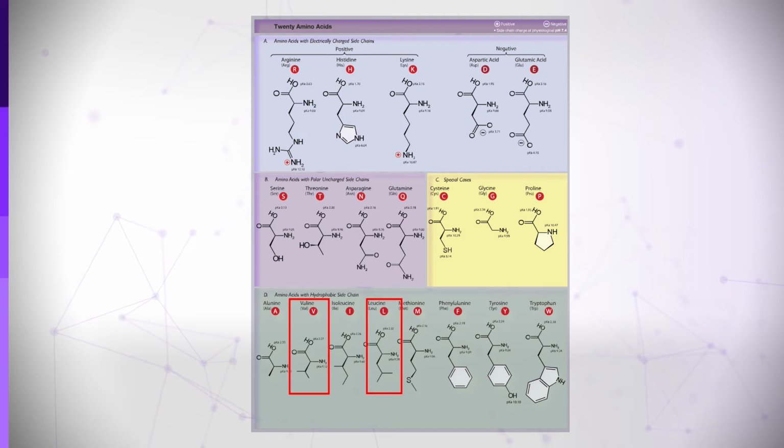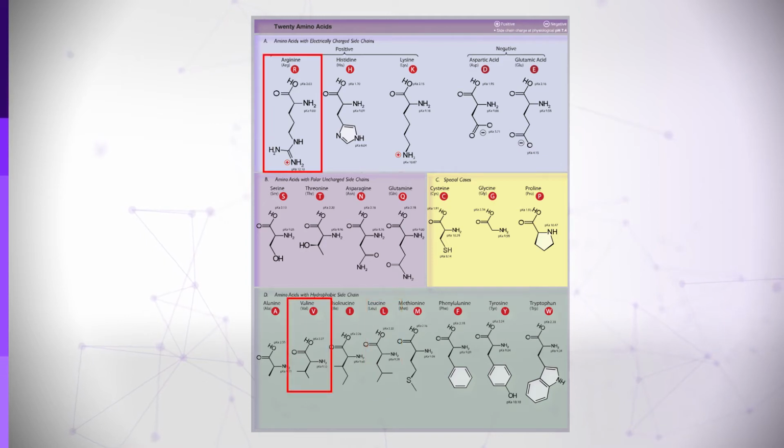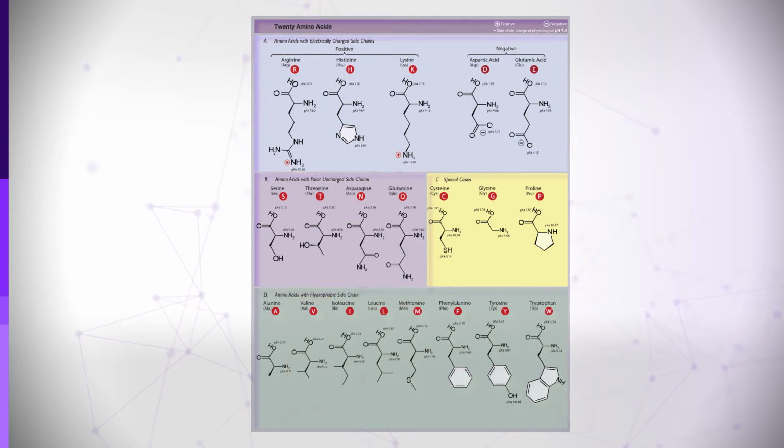For example, some amino acids are hydrophobic, so when we compare valine to leucine, while they are different amino acids, their substitution may not have much of an effect on the properties of a protein, as they are both hydrophobic. If we compare valine with arginine, they are much more different from each other, as valine is hydrophobic and arginine is positively charged.